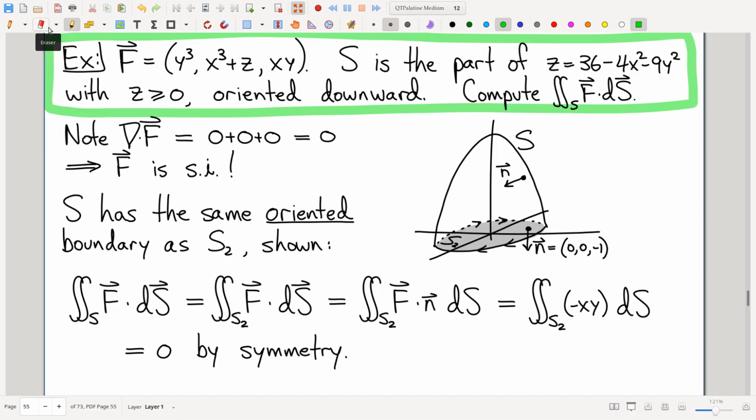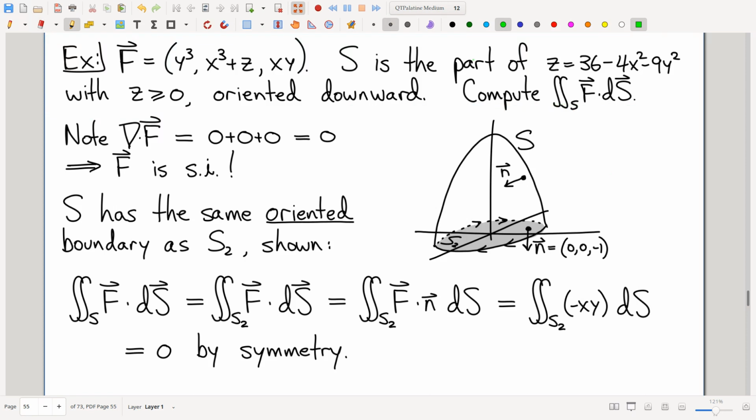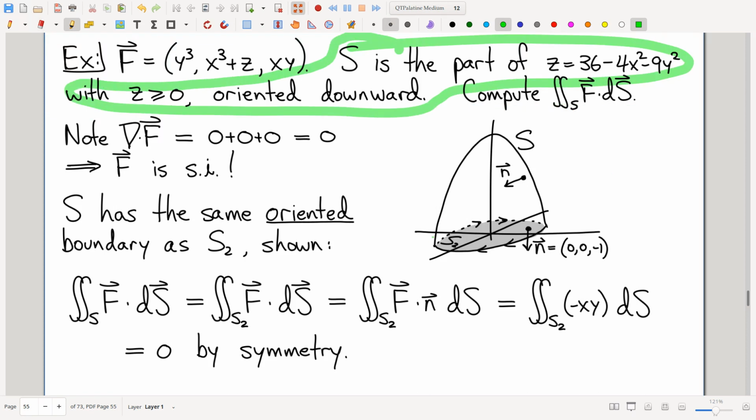So, all right, let's do this. Our surface, it says right here, is this, what I've got drawn here in the drawing. It's the upside down paraboloid. Y'all remember from chapter 2, this is an upside down elliptical paraboloid. Z greater than or equal to 0 means I'm going to pick just the part above the XY plane.